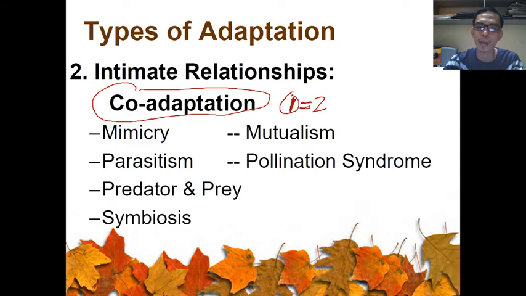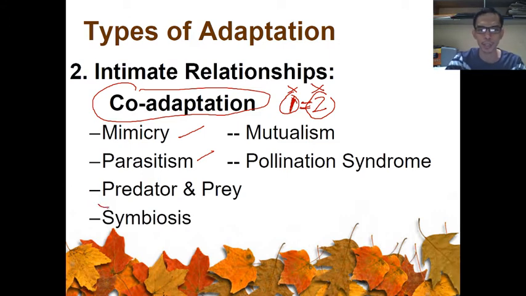When this one survives, this one also survives. So if this one dies, this one also dies. We have here mimicry and parasitism. An example of parasitism is the parasitic worm, the tapeworm found in our intestine. When their host dies, they die as well.